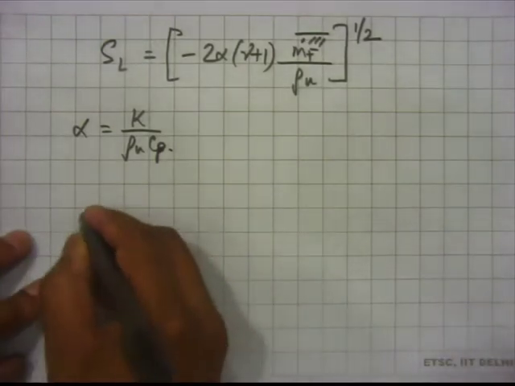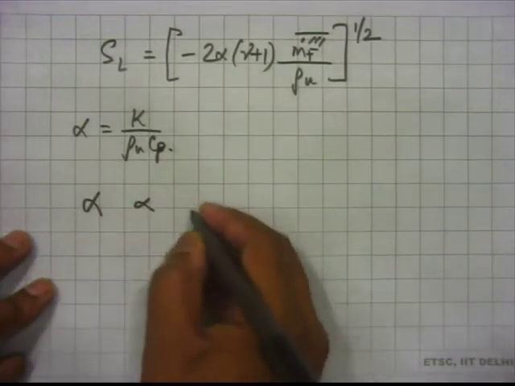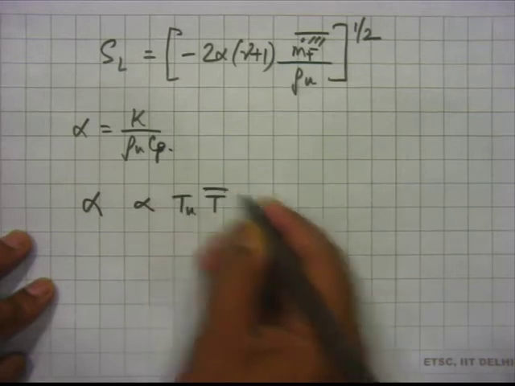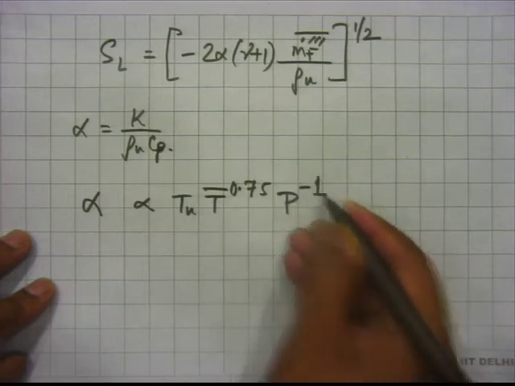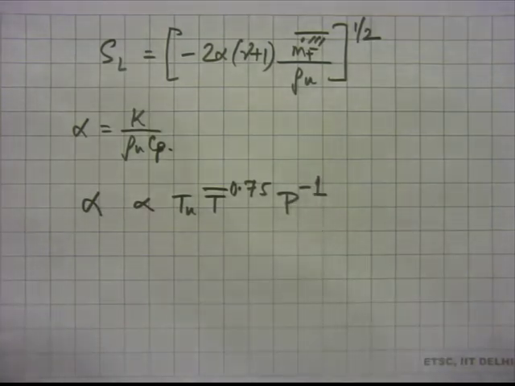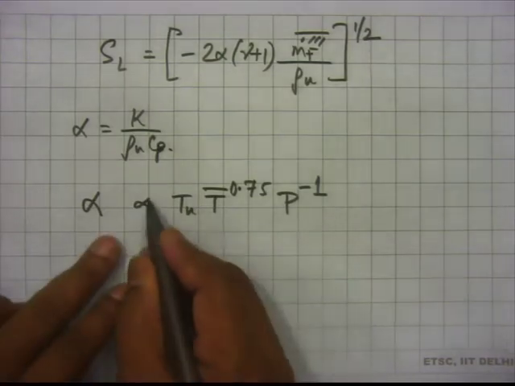So, Turns has written alpha proportional to this. So, please hold on for a minute, I will tell you how it comes. Okay, as of now alpha proportional to this.